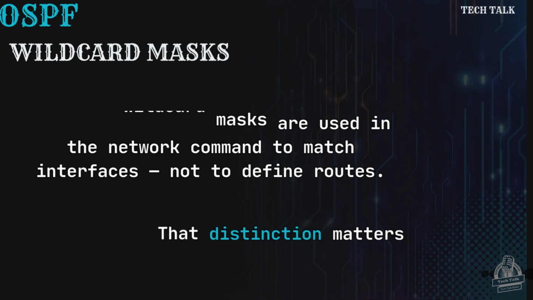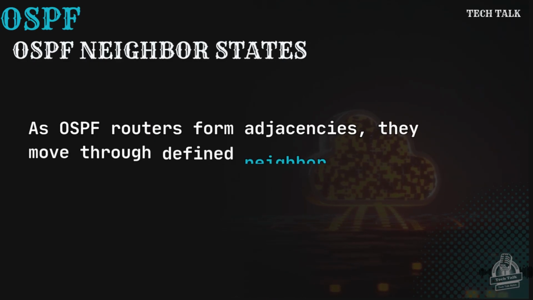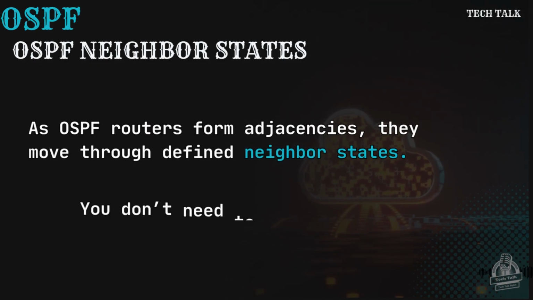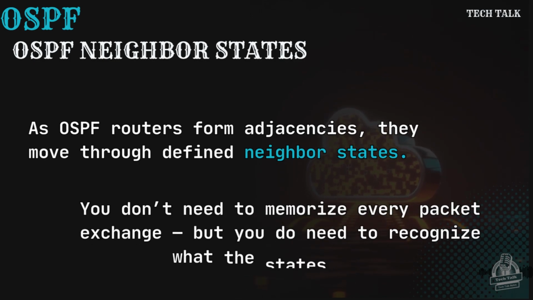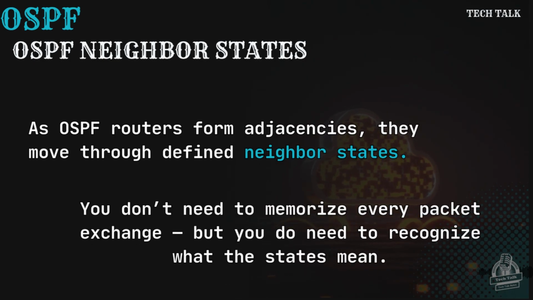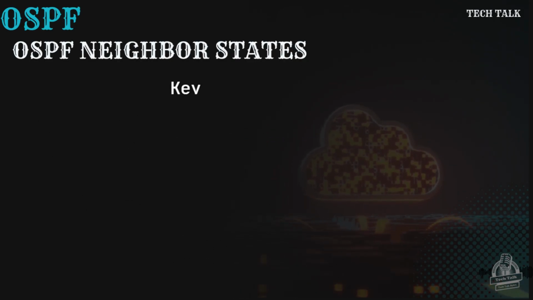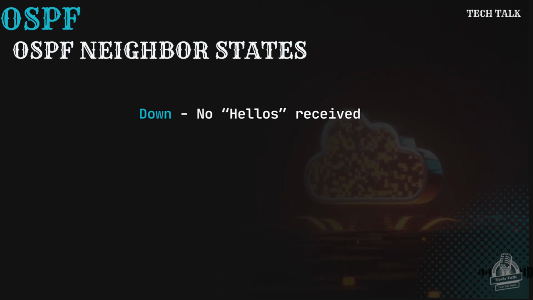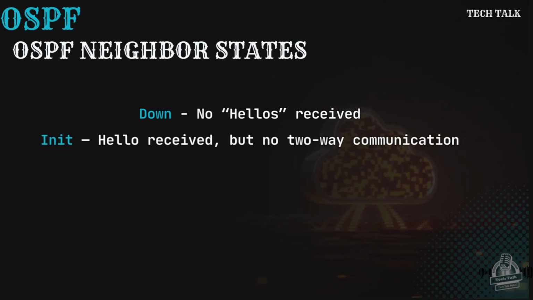Remember that. As OSPF routers form adjacencies, they move through defined neighbor states. You don't need to memorize every packet exchange, but you do need to recognize what the states mean. Here are the key ones. Down, no hellos received. INIT, hello received, but no two-way communication.